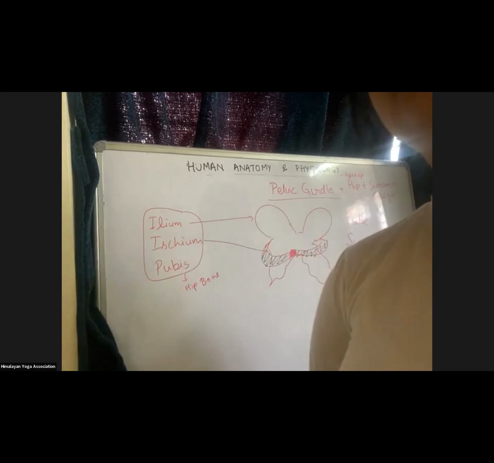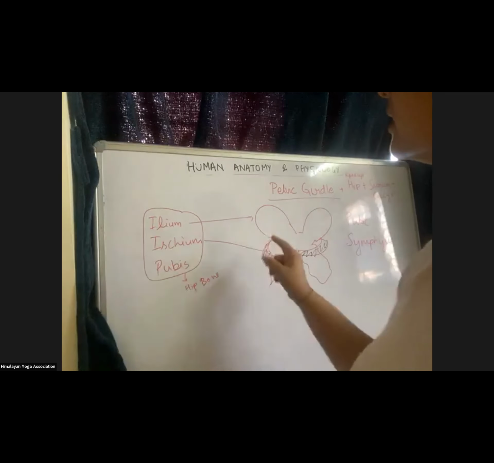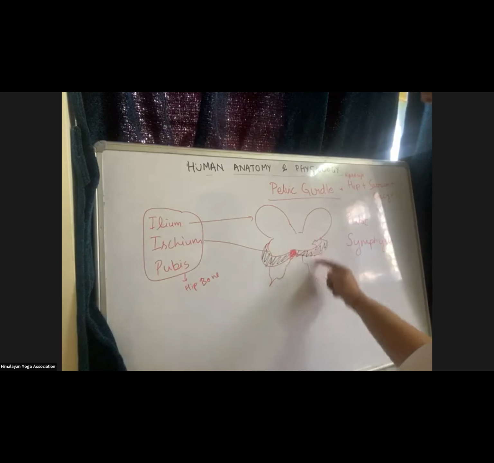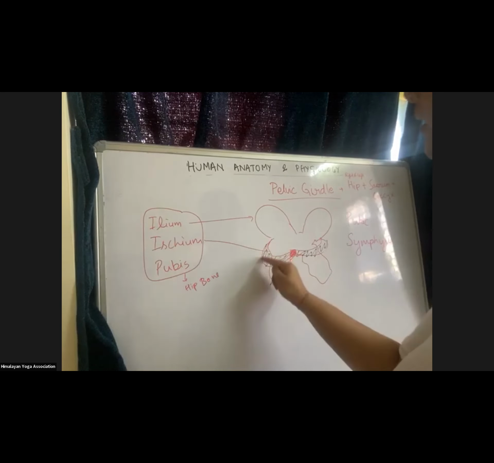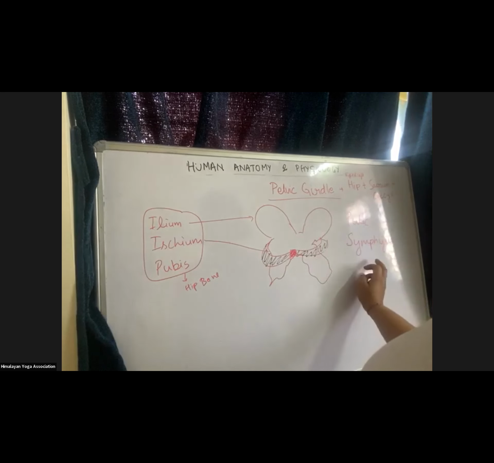And pubis is the frontal triangular part. This hip bone is divided into right and left. The right and left pubic bones connect, and that joint is called pubic symphysis.